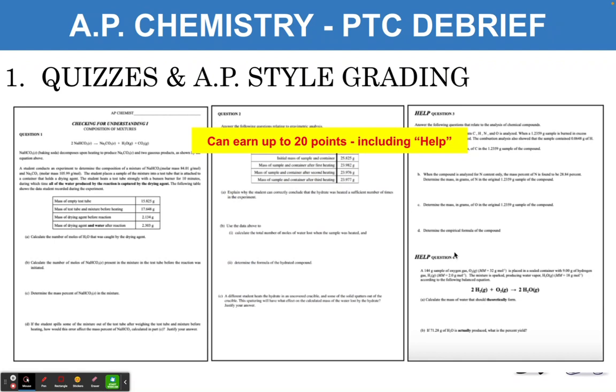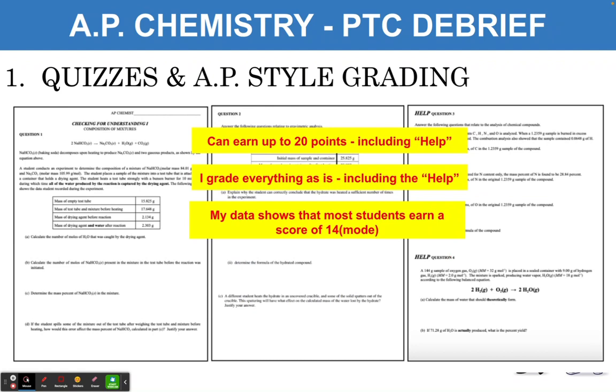Now, I will grade everything as is, so I won't have to worry about trying to give students a point on something so their grade isn't so harmed. I just grade everything with a consistent scoring guideline for myself out of 20 points. And then I'll look at all of the scores that students are getting out of 20.